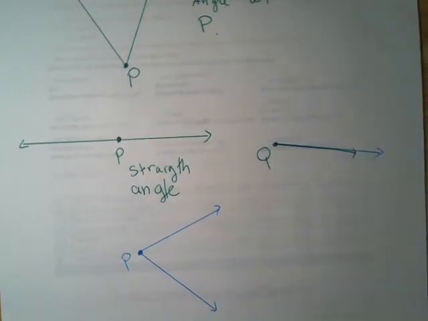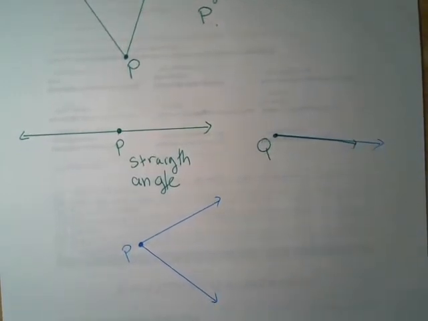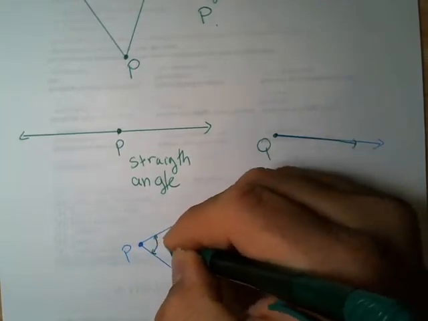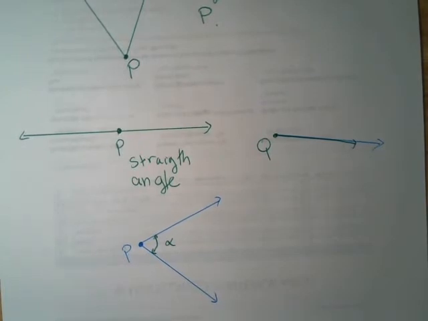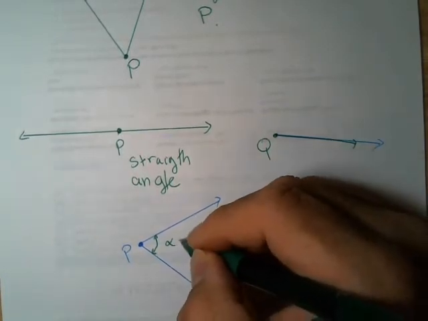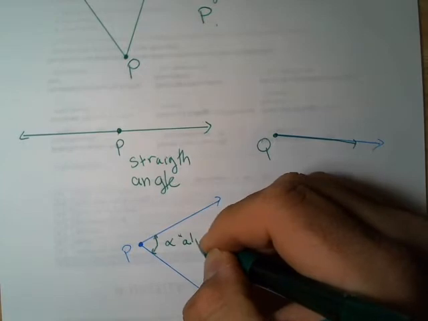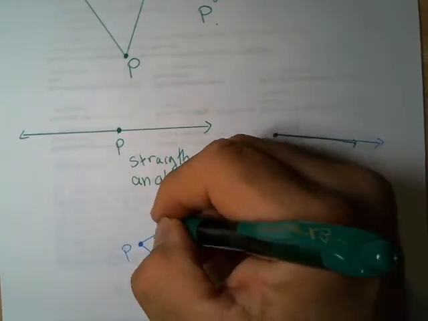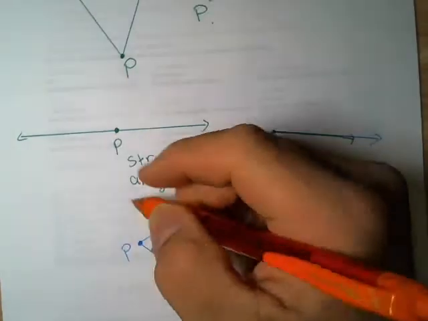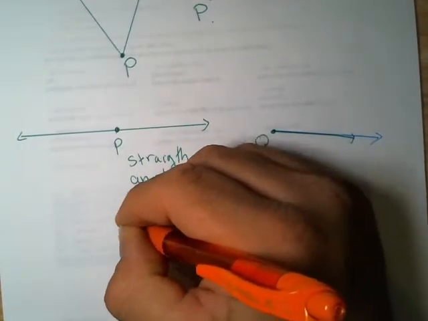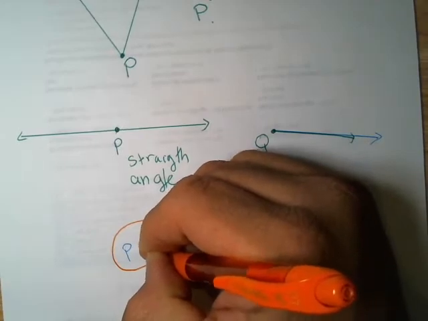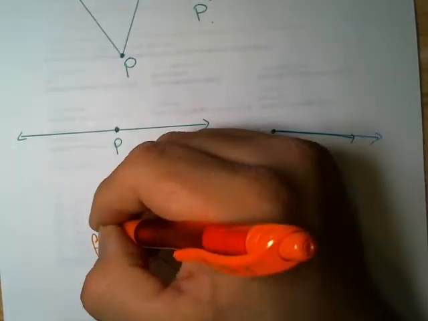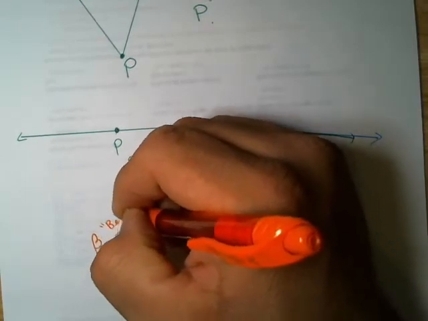How would we measure this angle? Are we referring to something like this? I'll call that angle alpha, this Greek letter. Or am I referring to this other measurement out here? I'll call that beta, another Greek letter.